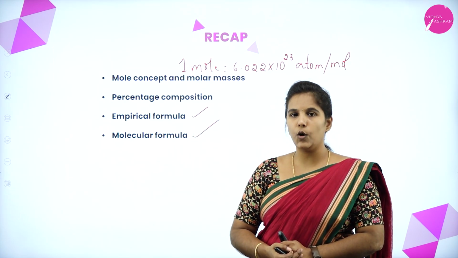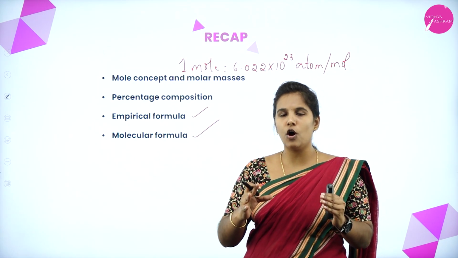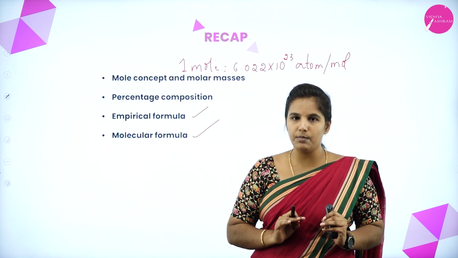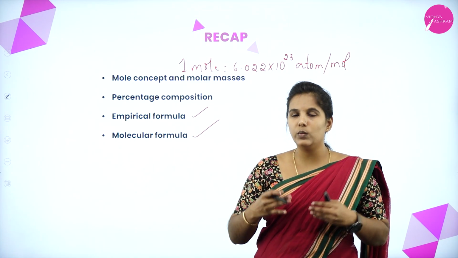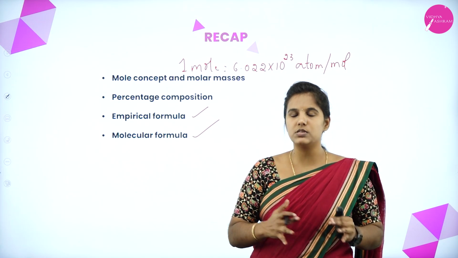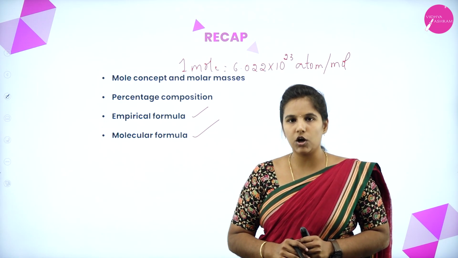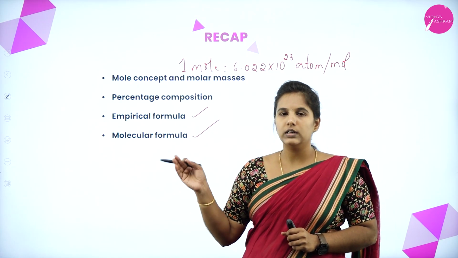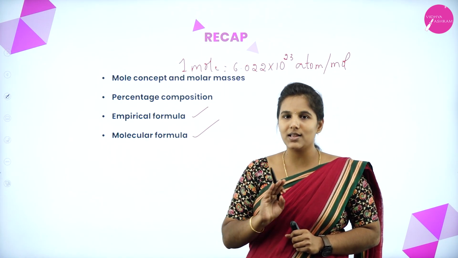The empirical formula gives an idea about the ratio of the atoms of the elements found in the compound, whereas the molecular formula gives a clear picture of how many atoms of each element are found in a given compound. So these are the important concepts in chemistry we discussed in the last class.